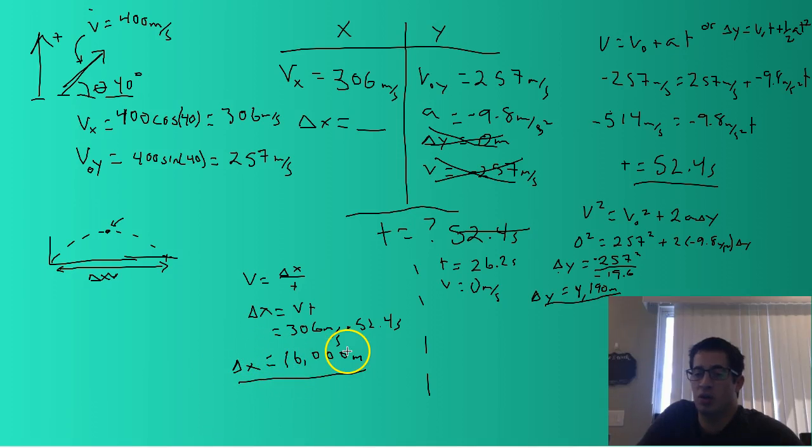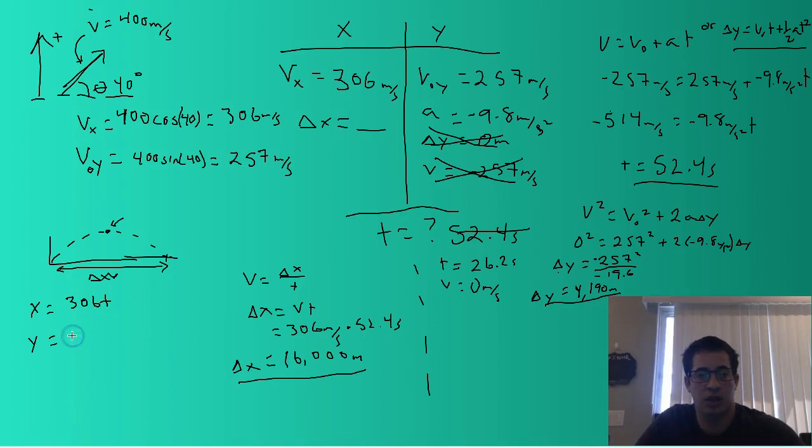Okay. The last thing I want to do is find functions for position for x and for y. I'll do the x one. For x, it's going to be vx times t, so it's going to be 306 t. And then for y, I want you to go ahead and find that. Remember, we can use this delta y equals v naught t plus 1/2 a t squared equation.